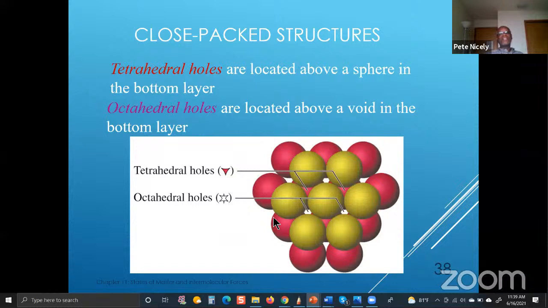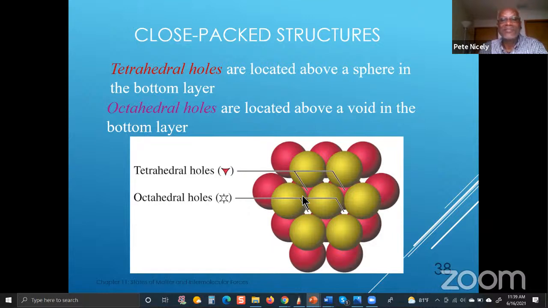Then when it comes to adding another layer to the closed pack structure, there are 2 possibilities. If you put these particles here on the second layer, then you're going to have 2 types of holes.